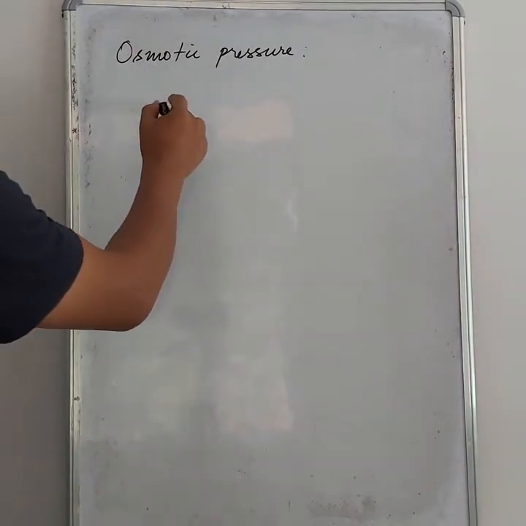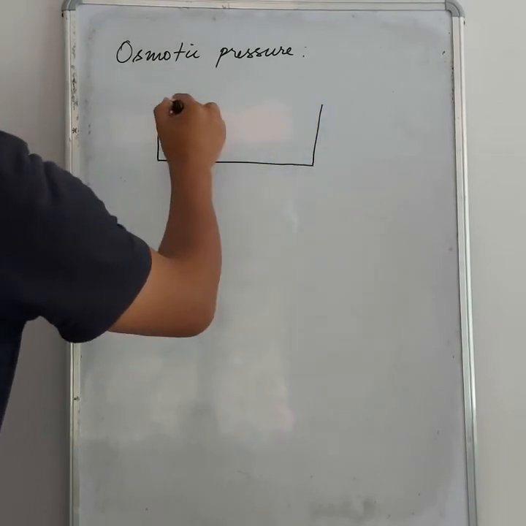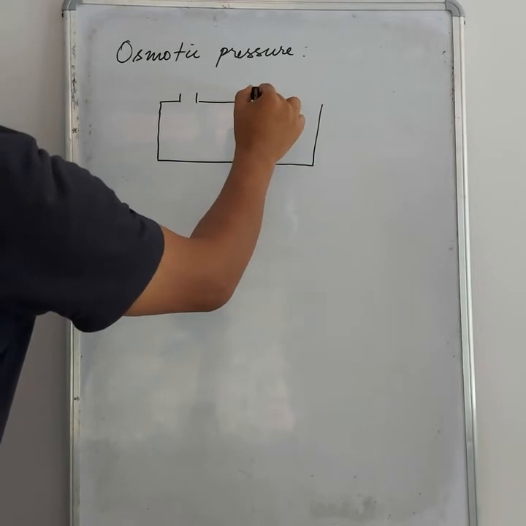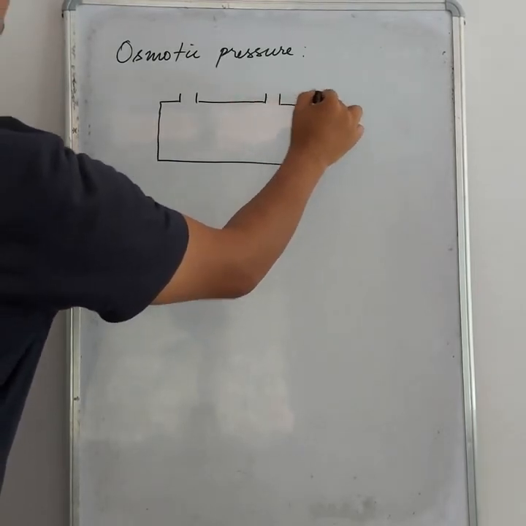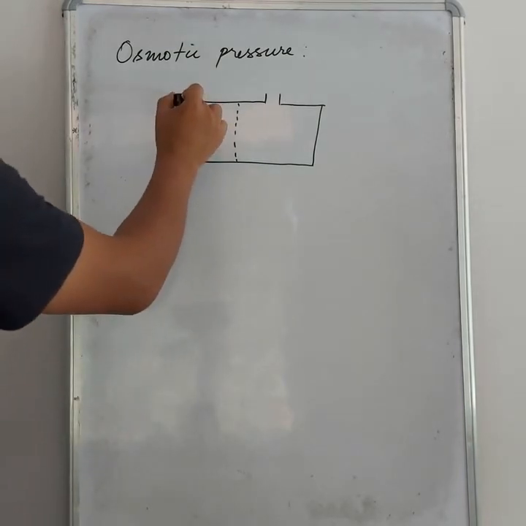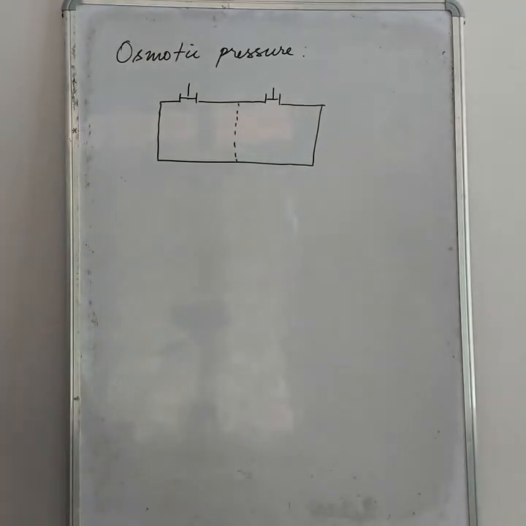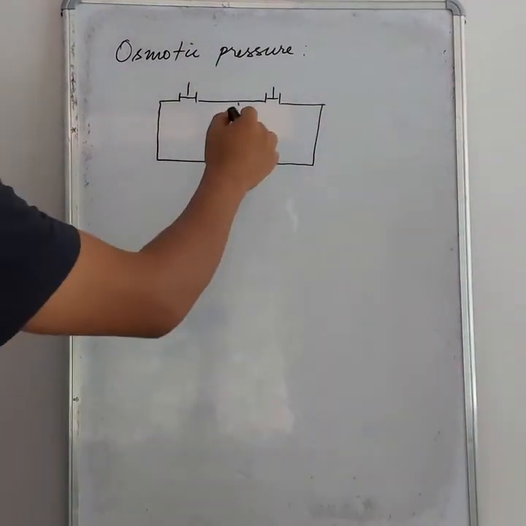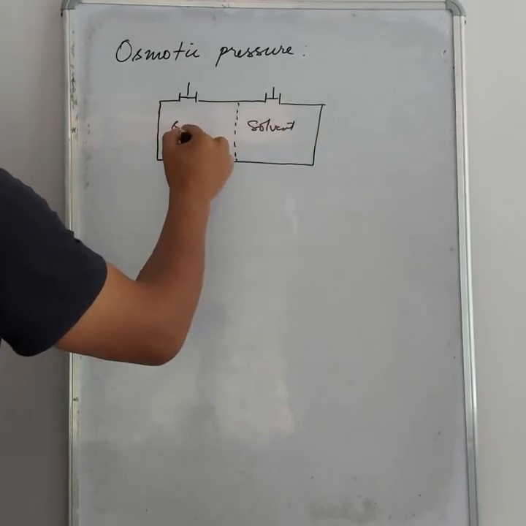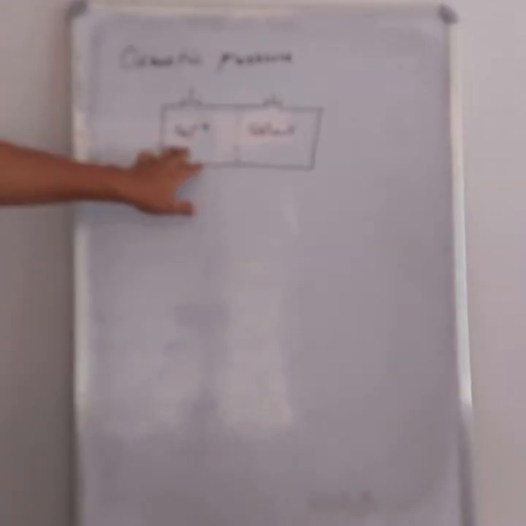Suppose we have two tanks, and this is our semi-permeable membrane, and here it is fitted with a movable piston, and these are filled with solvent and solution. Let's say this has a lower concentration.